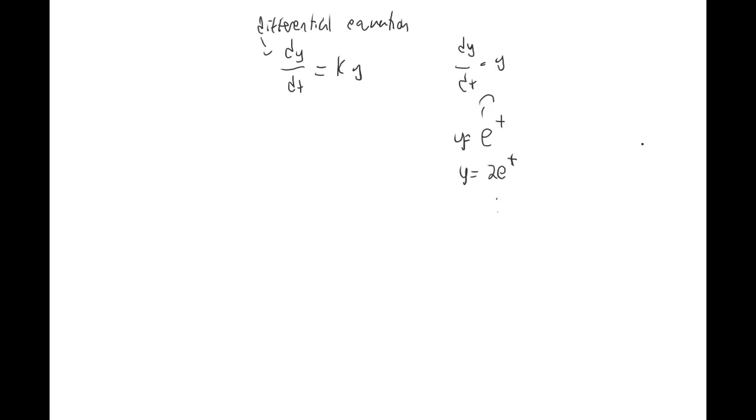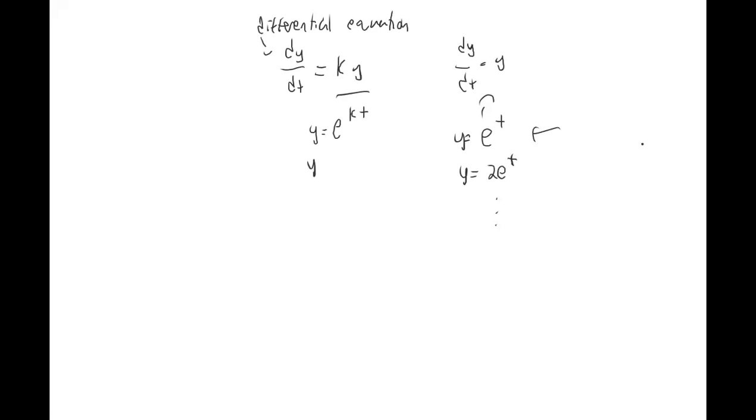If you think a little harder, you can figure out how to get a multiple of itself. It has to be some variant of this, because that's the nice thing about exponentials. It's e to the kt: when you take the derivative you get itself, and the chain rule gives you the multiple k.